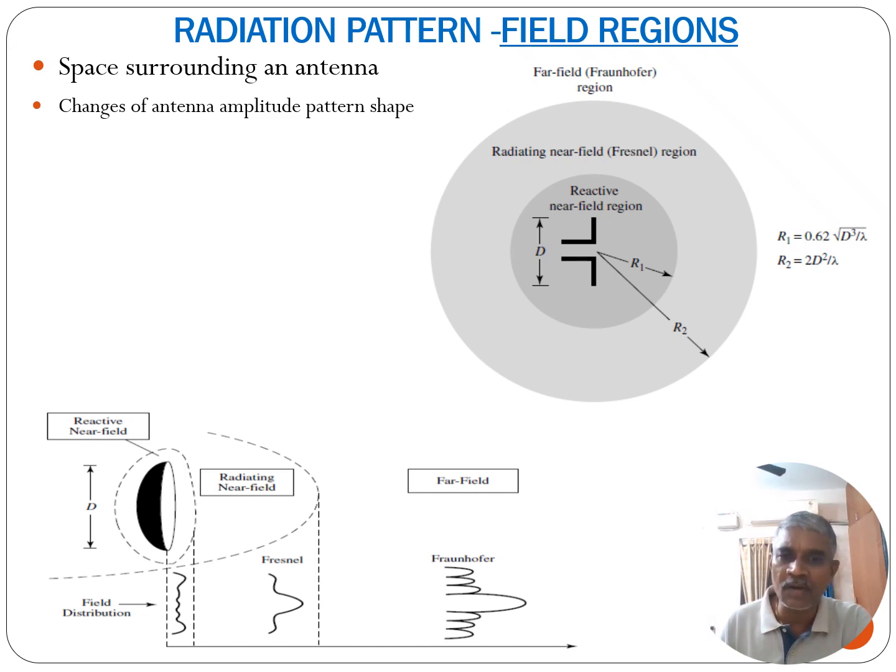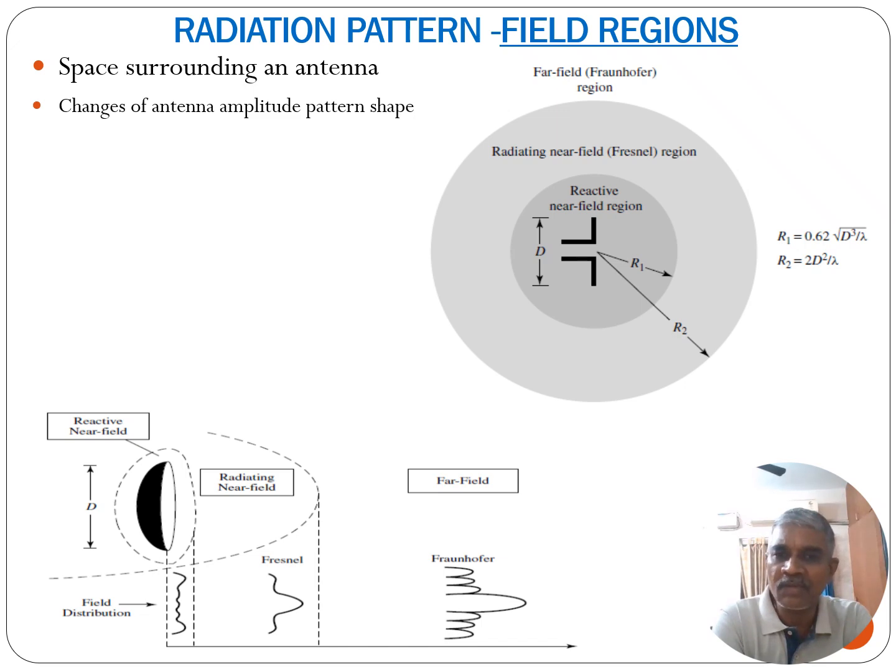We have the formula for the distance calculation of how much area the reactive near field covers, and the radiating near field or Fresnel region beyond that. The formula is R1 equal to 0.62 times the square root of D cubed by lambda. Here D is the dimension of the antenna, and lambda is the wavelength at which the antenna is going to operate.